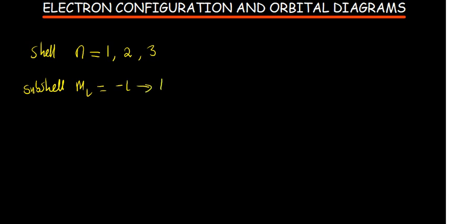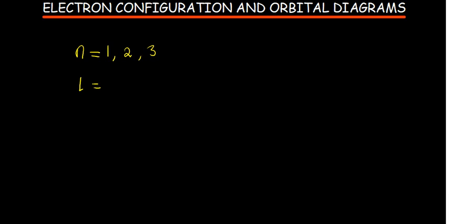So we said when you have got L, ML is between negative L all the way up to positive L. Actually, I've given a wrong symbol for this one. The angular momentum quantum number, the symbol is L, which shows the subshell. And how do you find L?